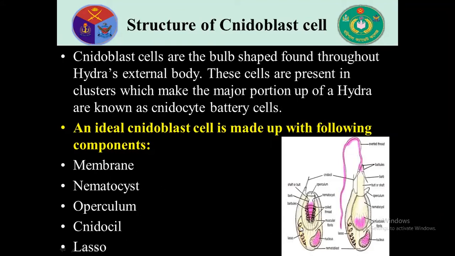This is called the lasso, it is spring shaped, and this is the nidocil, and the sac present in the nidoblast cell is called the nematocyst, and this is the operculum, and this is the thread of the nematocyst, and this is a big nucleus. Actually, both are nidoblast cells. This is the closed condition and this is the open or discharge condition.